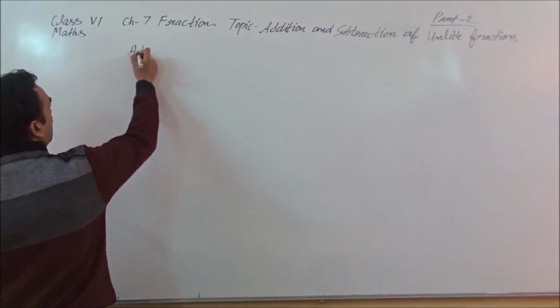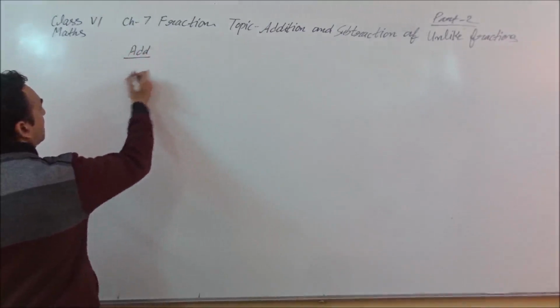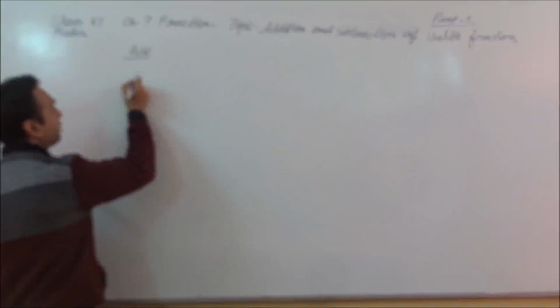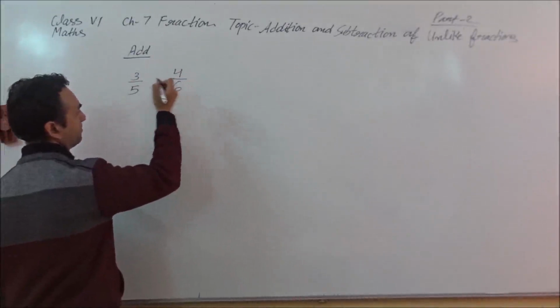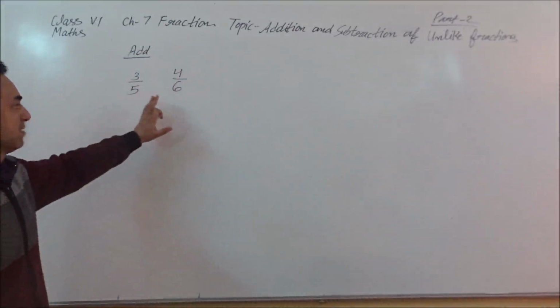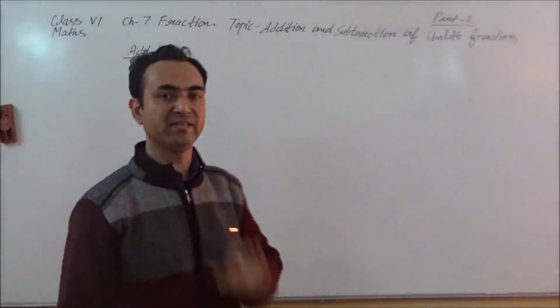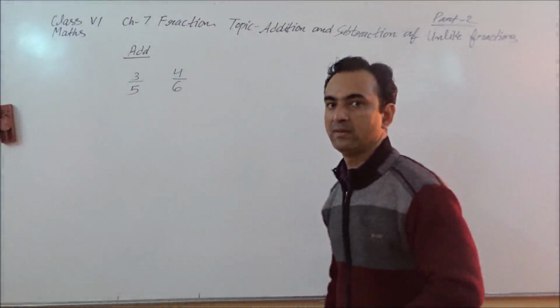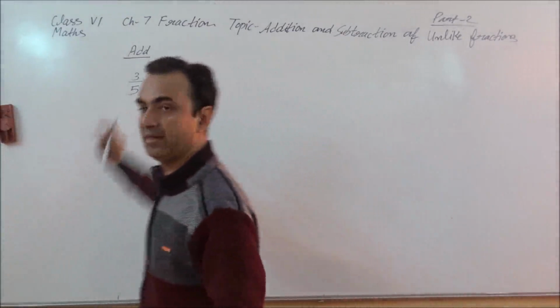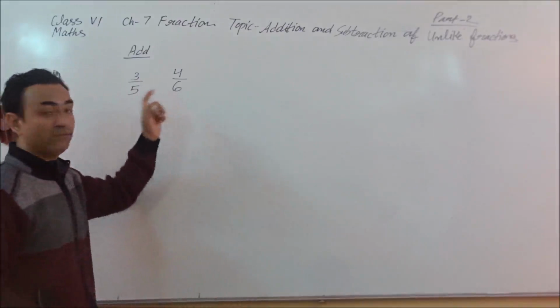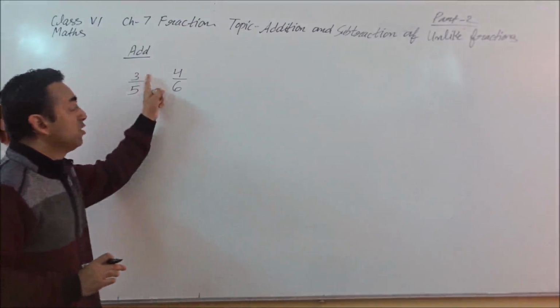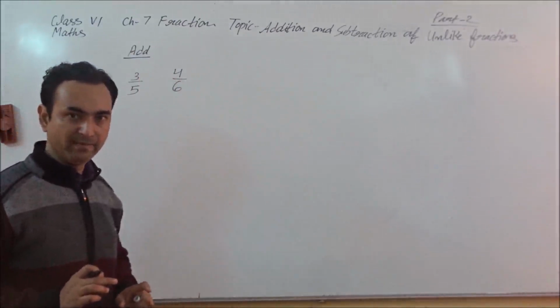First we understand how to add, like 3 upon 5 plus 4 upon 6. Okay. First check whether these are like fractions or unlike fractions. Yeah, the denominators are different, so these are unlike fractions. So now we cannot easily add the numerators here.